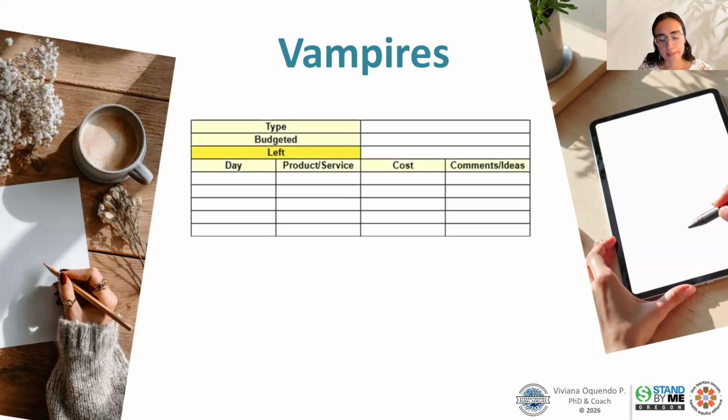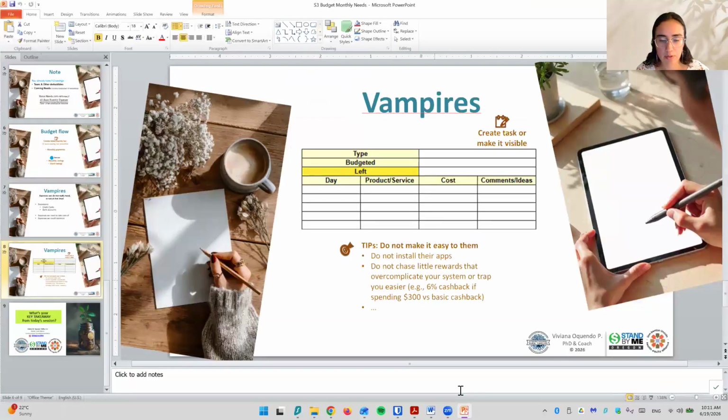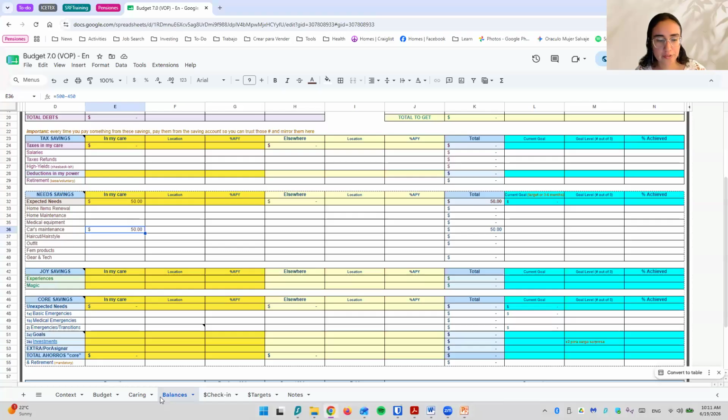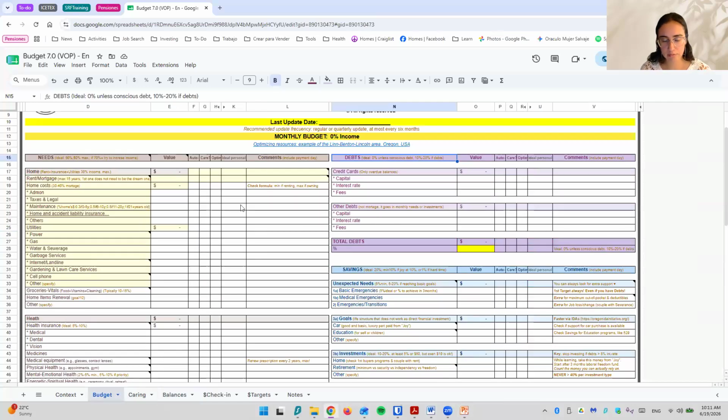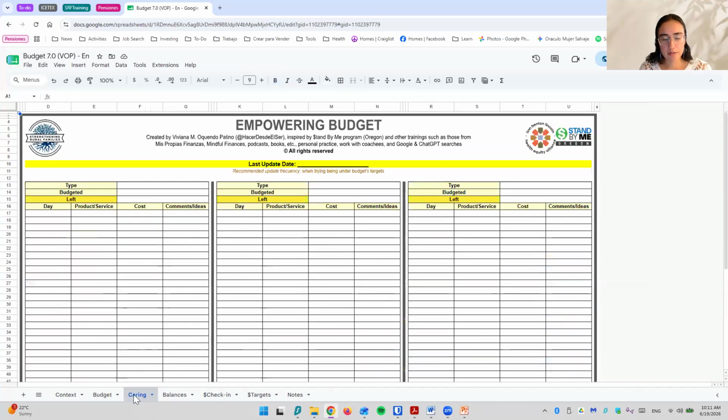And in the digital version, there is a page for that. So if you're working on the digital version, you can still do the paper for the care, but if you want to do it online, you can use this page that is called Caring. And then you can say, what are you taking care of?